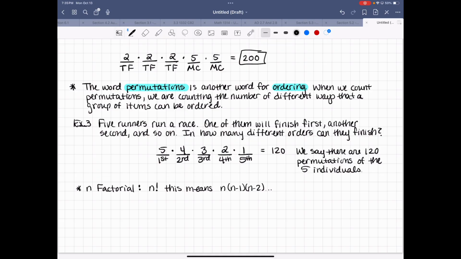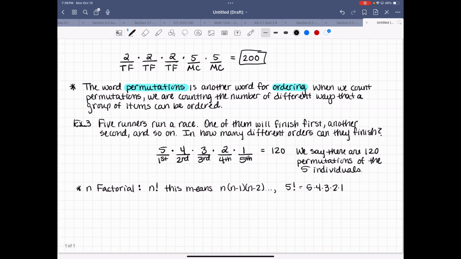Guys, all that means is if I give you 5 with an exclamation point, that's 5 factorial. That means 5 times 4 times 3 times 2 times 1. It's just a notation because some old dead math dudes didn't want to write all that out. So they were like, ha, let's put an exclamation point out there. It's going to mean 5 times 4 times 3 times 2 times 1. I don't have to write all that. Okay.